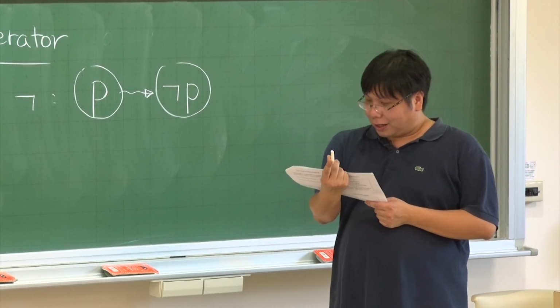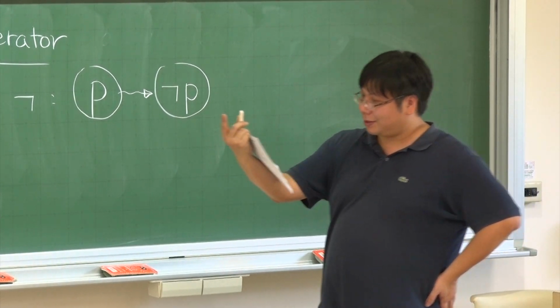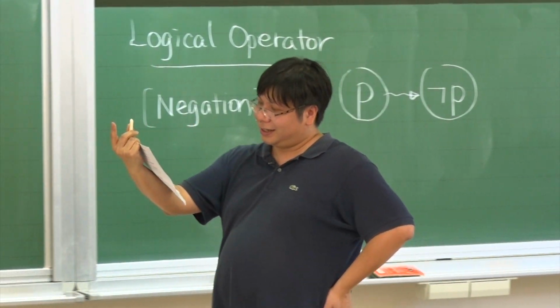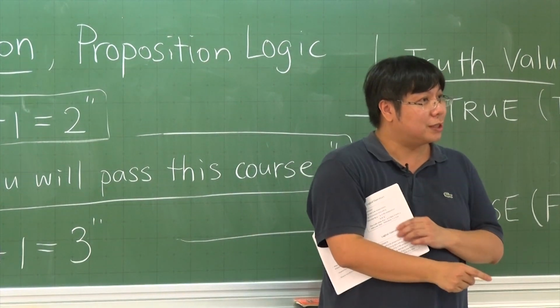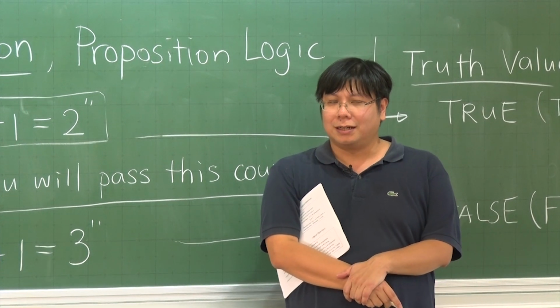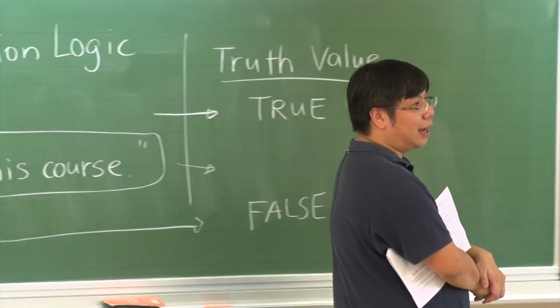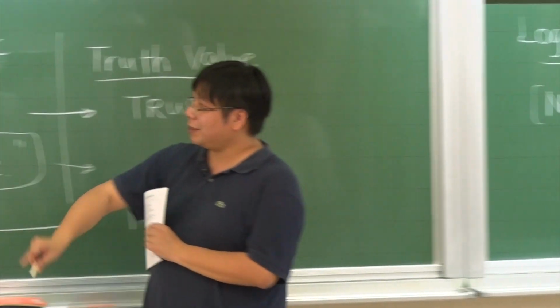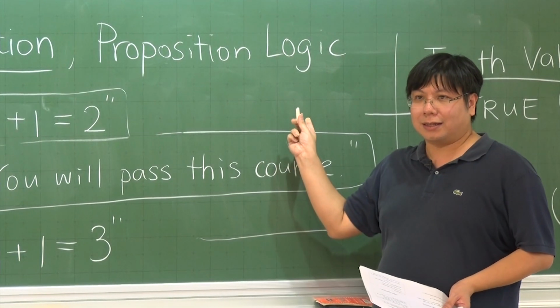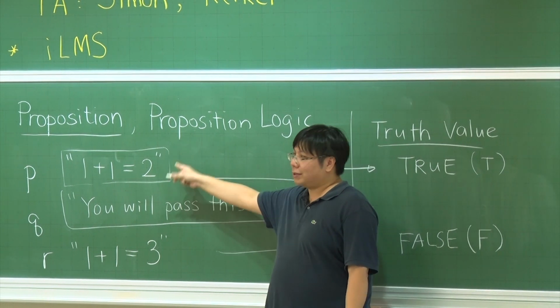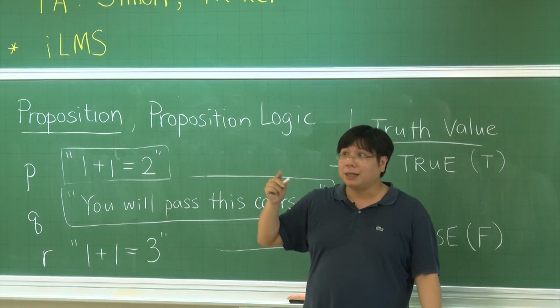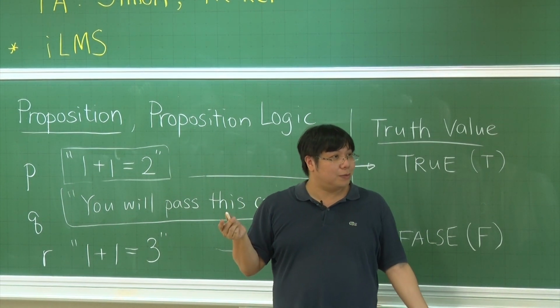Okay, I'm talking about things very strange, but it is easy. So for instance, 1 plus 1 equals 2. This is a proposition. I don't know whether it is true or false, but I can create something that whenever this is true, the new proposition will be false. And whenever this is false, the new proposition will be true. So what can I do?